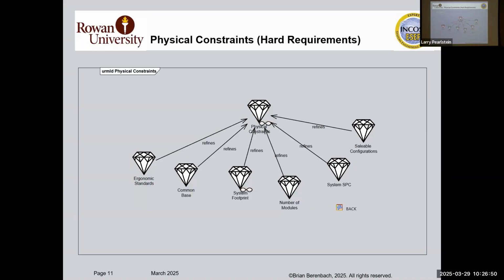And here are the physical constraints. We have ergonomics, common base, system footprint, number of modes it can have, system SPC, and the saleable configurations. In other words, how many configurations can I sell?